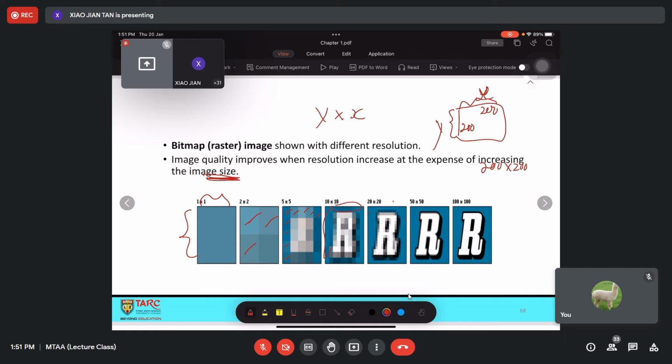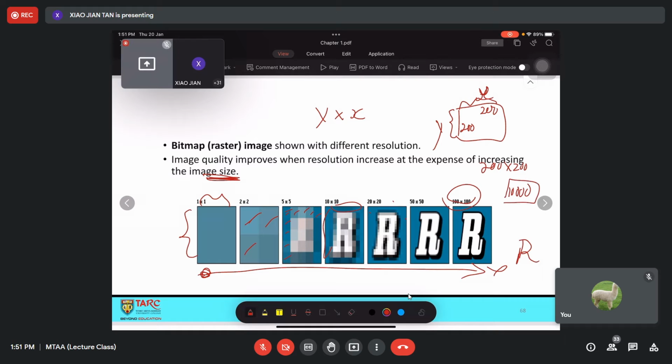As you can observe, from here to here the resolution is increasing, and the letter R as well as the background contrast becomes clearer. For this one, 100 times 100 would be how many? It would be 10,000.